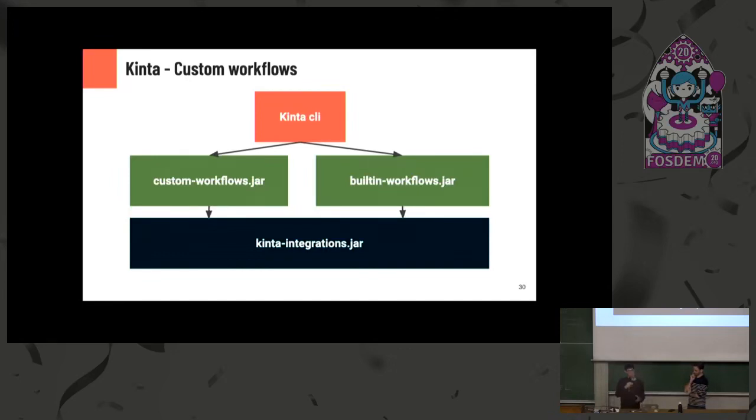All these workflows can use the Kinta integrations, all the integrations from third-party tools, and so it makes things simpler. Technically, the Kinta CLI loads via service locator the two artifacts, custom workflows and built-in workflows, merges all commands, and then when you launch your Kinta command, all these commands are available.